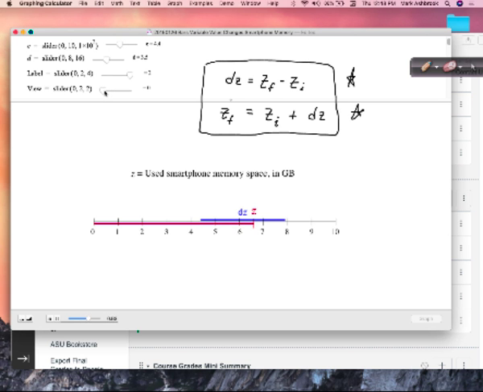Versus this. Okay. Right. It's the change in Z as Z is changing.